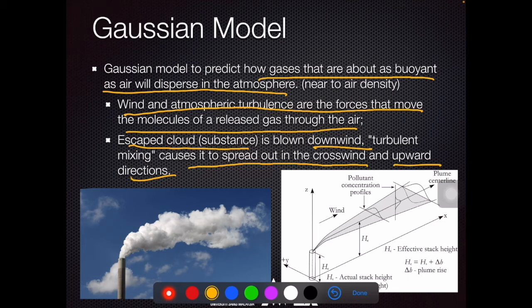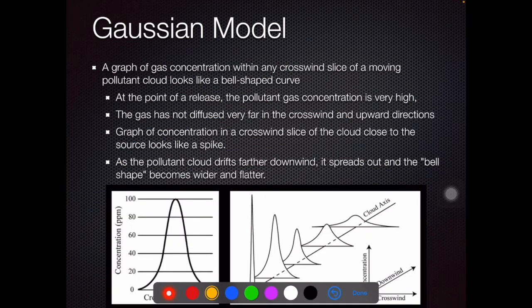So in a Gaussian model, we will see that the plume of air moves from a high concentration here to a lower concentration here. In a Gaussian model, the concentration is very high at the point of release. For example, here is the point of release where the concentration is very high.